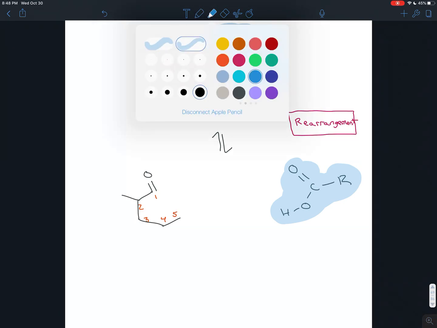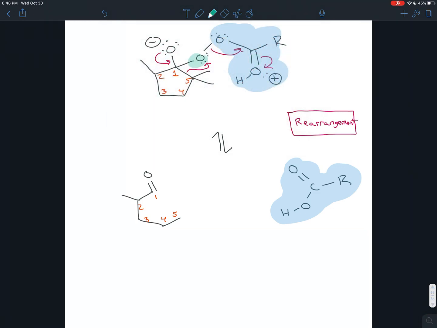And in between 5 and 1 will go this oxygen. So we know that that oxygen was always attached to carbon number 1. That's this bond right here. But now 5 is going to be bonded to it on the other side.